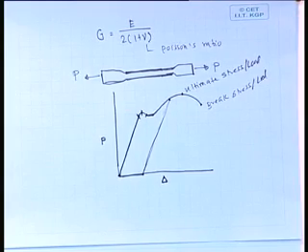Right. Now, in actual design, what is followed? In actual design, we do not go up to the breaking load or up to the ultimate load, not even up to the yield stress.